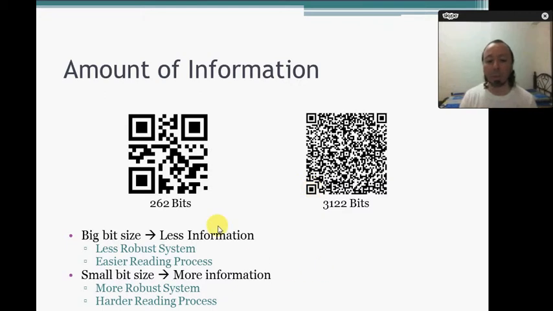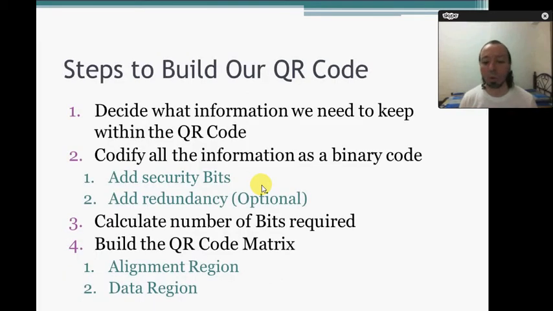For example, if we need maybe 300 bits, then obviously we cannot use this QR code on the left, because it can store up to 262 bits. So we may need to make the bit size smaller. We can calculate this in order to get the bit size according to the information that we need to store within our QR code.